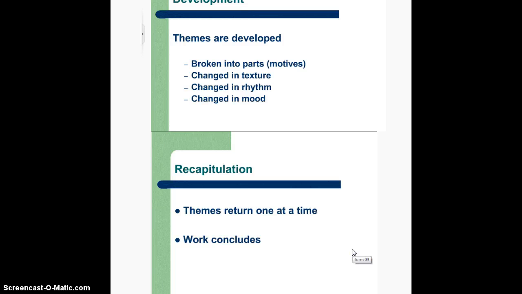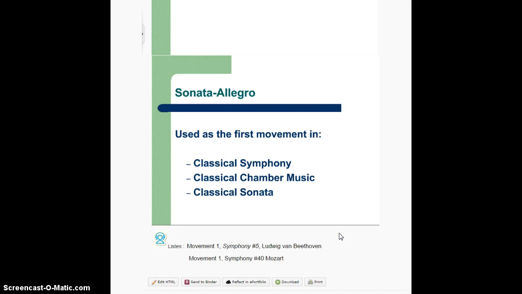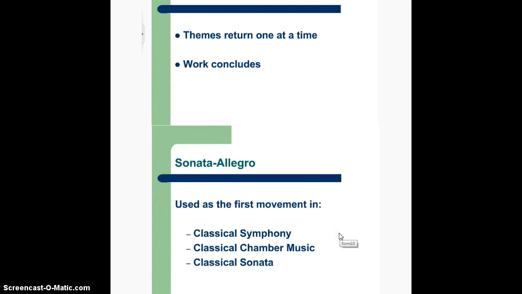In the recapitulation, the themes will come back one at a time, you'll hear the full theme, and then the work concludes. So we're going to use it in the first movement of the symphony, the first movement of the chamber music, the sonata, and even in the classical concerto.